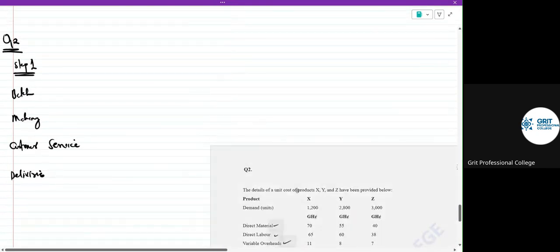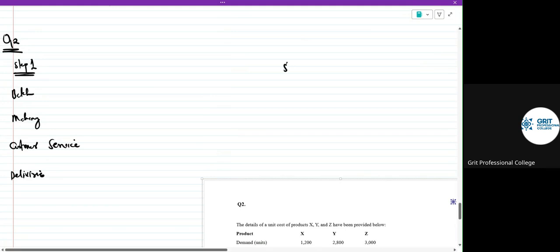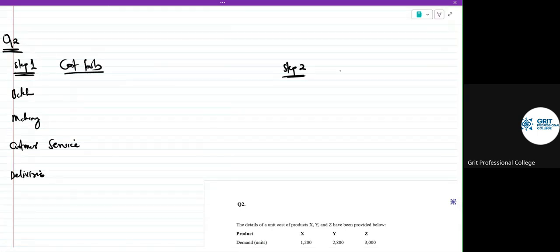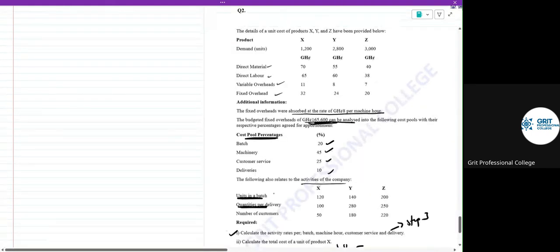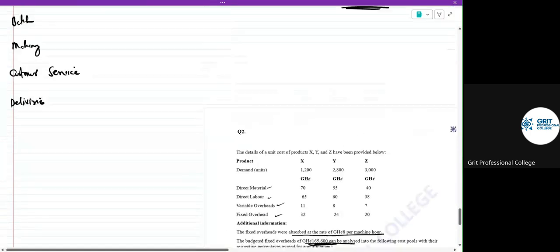Then step 2, what do we do? Step 1 is the cost pools. Step 2 is the cost drivers and your ability to match them. For batch, it says units in a batch. Let me write it here.